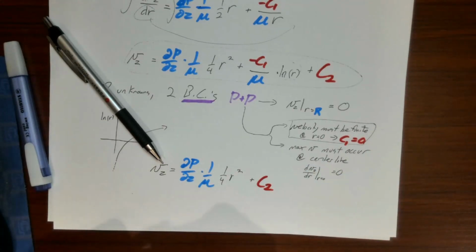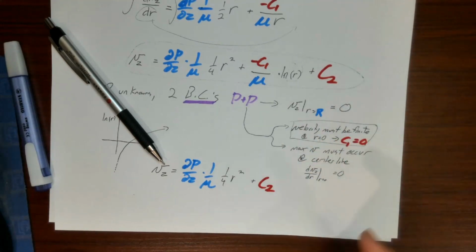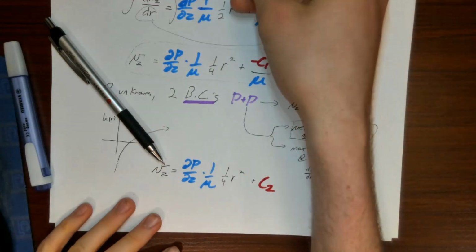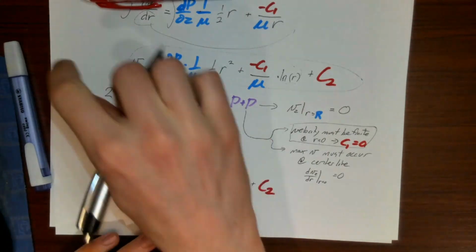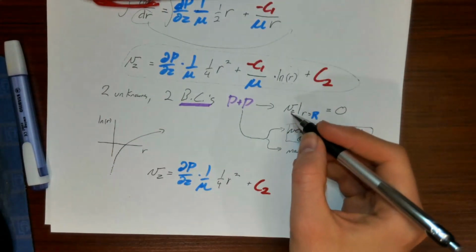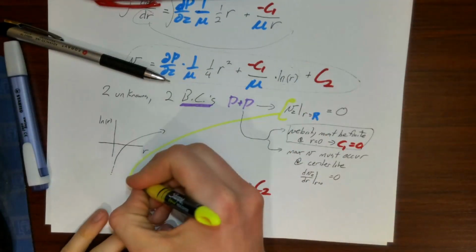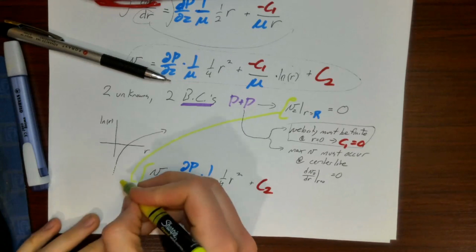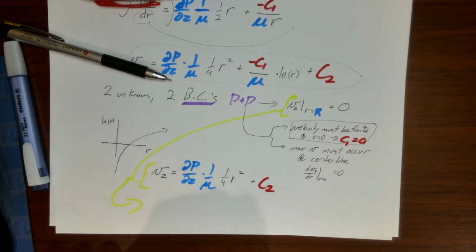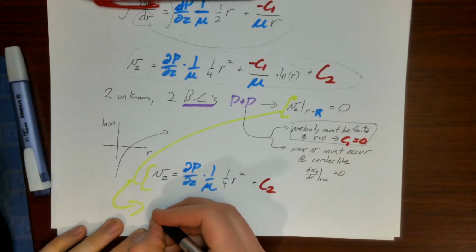Usually one boundary condition helps you resolve one constant and another boundary condition helps you resolve another constant. Sometimes you might need to solve a system of equations with two unknowns. We can take this expression and now go ahead and apply this first boundary condition. At little r equals big R, we know that vz equals 0.